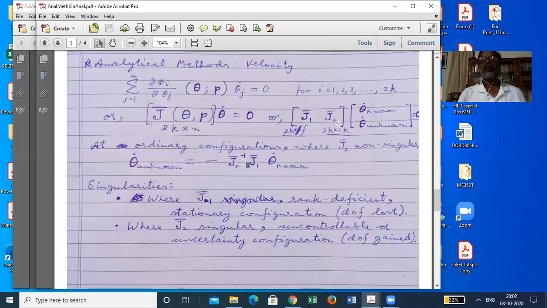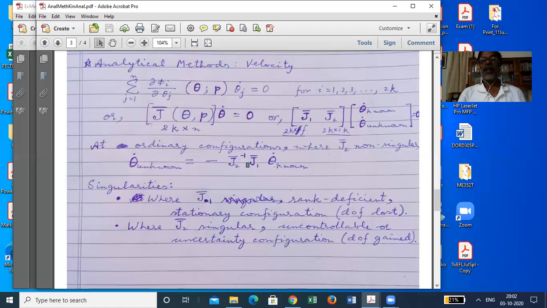And in that case, J2 times this will be 0, whereas J2 is non-singular. Okay, so theta unknown dot will be 0. That means with some non-zero known inputs, output is 0. And that is that kind of a configuration where this happens.